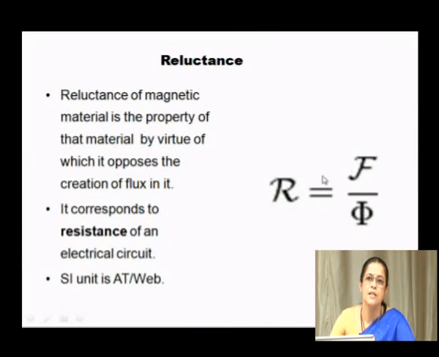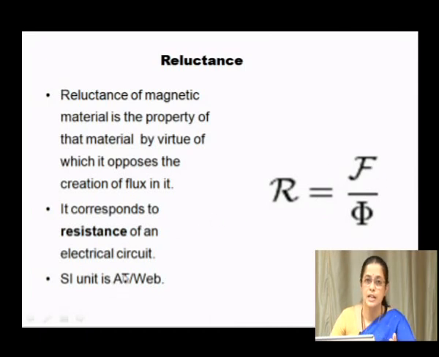F here stands for M.M.F, which means magnetomotive force. Phi represents flux, and reluctance is given by the equation M.M.F by phi. We know that the unit of M.M.F is ampere turns.